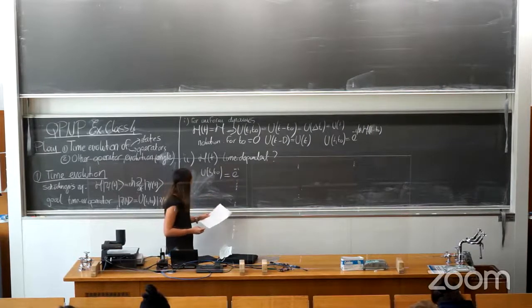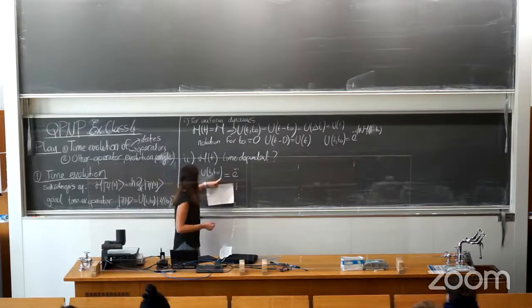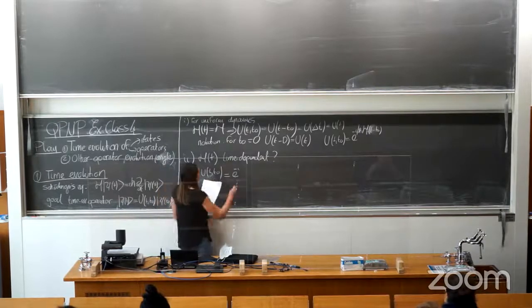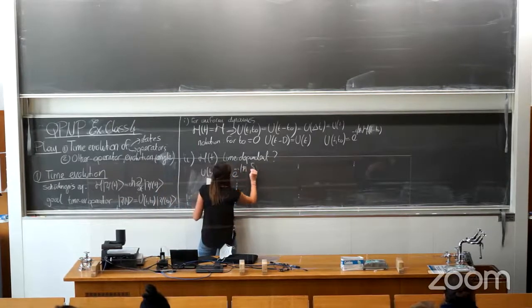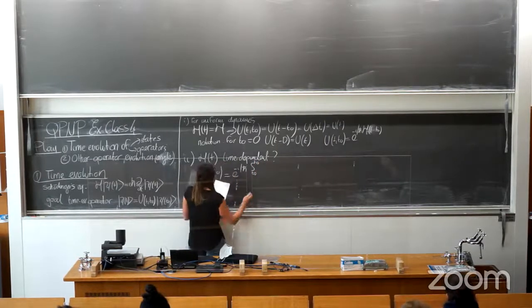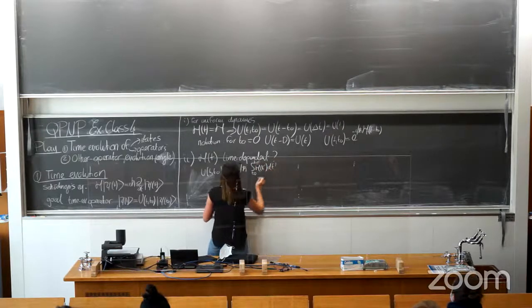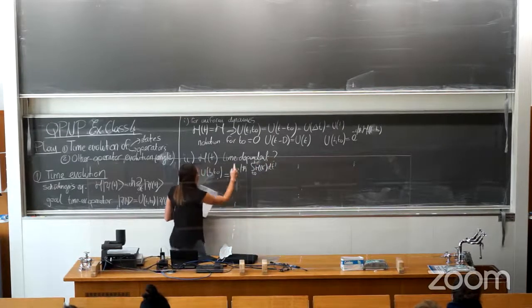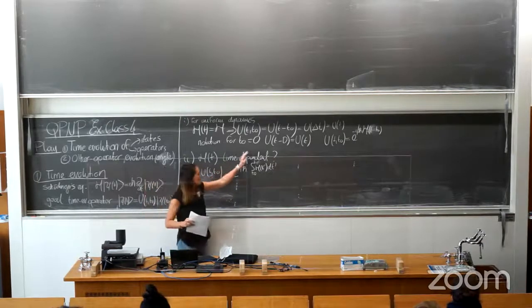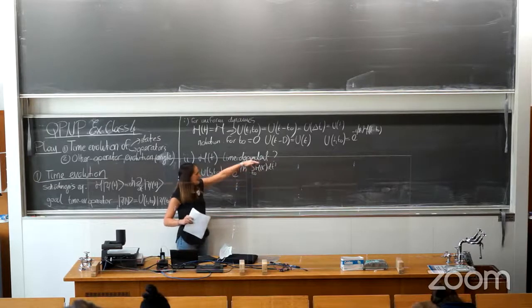What's the case for a time-dependent Hamiltonian? Here we have to integrate as the Hamiltonian varies in time between T0 and T. So this is an exponential. First of all, we have to integrate this matrix, which is time dependent, from T0 to T. And then once we have it, we exponentiate it.